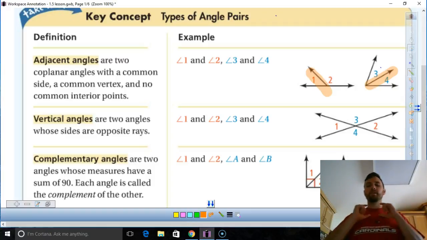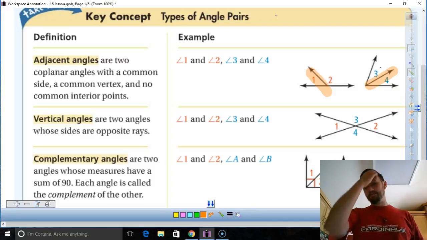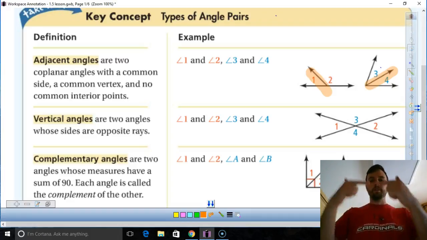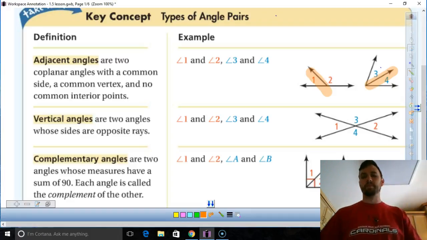Now, vertical angles could also be called bow tie angles. I call them bow tie angles, because when you make a bow tie, you want both sides to look equal, right? You don't want to look like a fool with mishmash bow ties. So vertical angles always look like an X. And the angles that look at each other are equal. So the two from the side, and the two from the top and bottom.